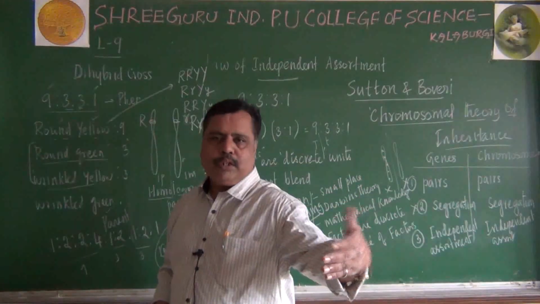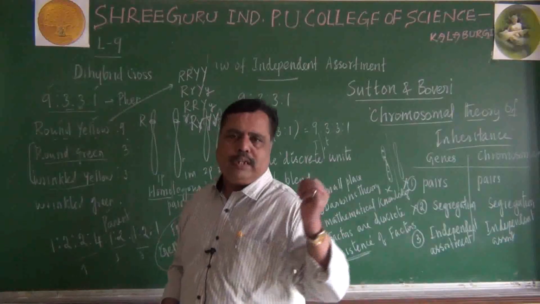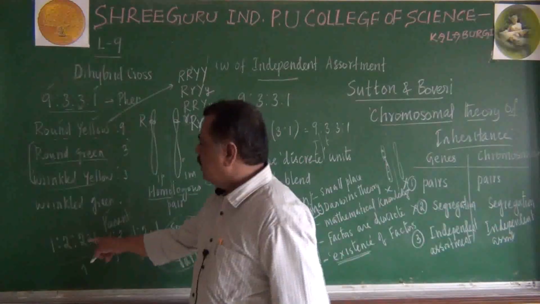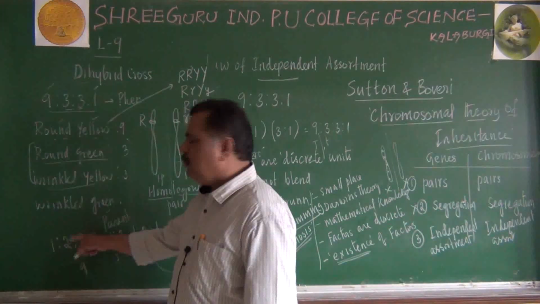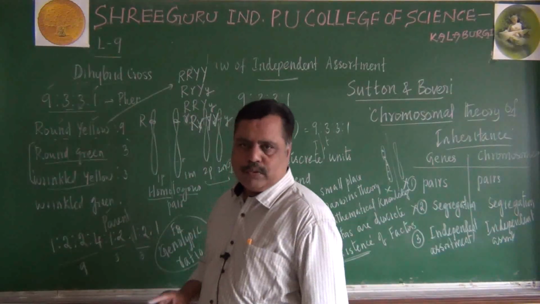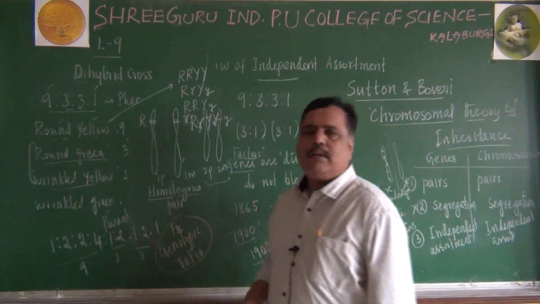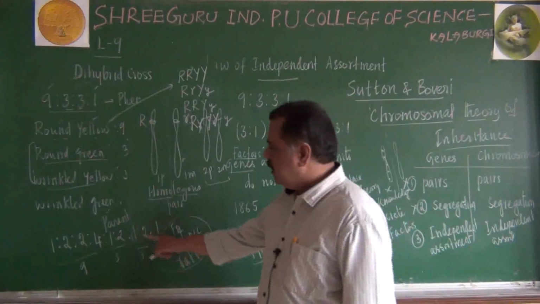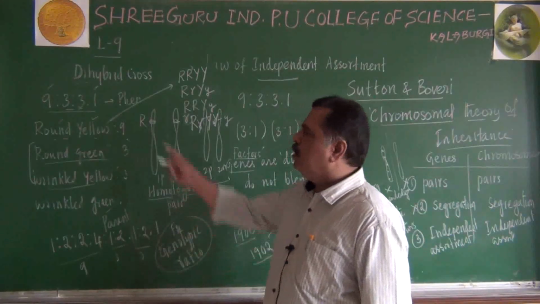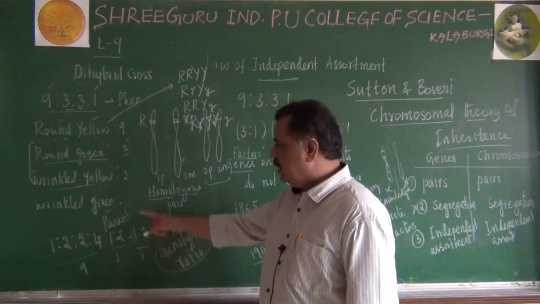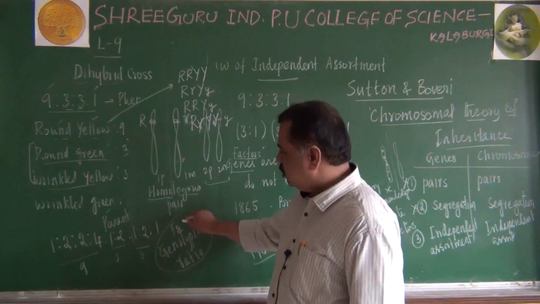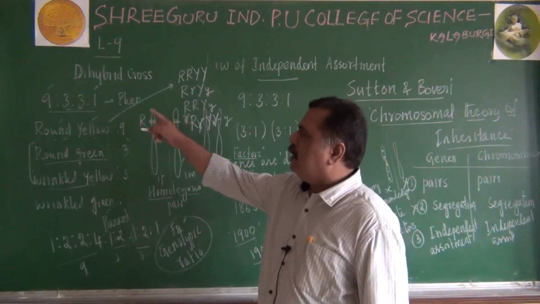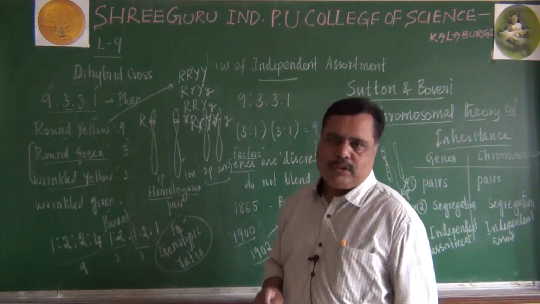Please compare this with the checkerboard you did in the previous class, and remember this point. 9 exists in the form of 1:2:2:4. 3 exists in the form of 1:2. Another 3 exists in the form of 1:2. Round wrinkled green is nothing but 1. So this is the genotypic ratio of the F2 generation. That is the phenotypic ratio of the F2 generation.